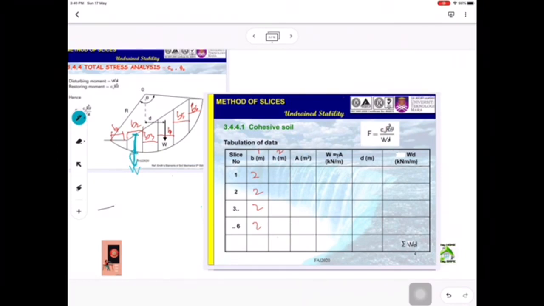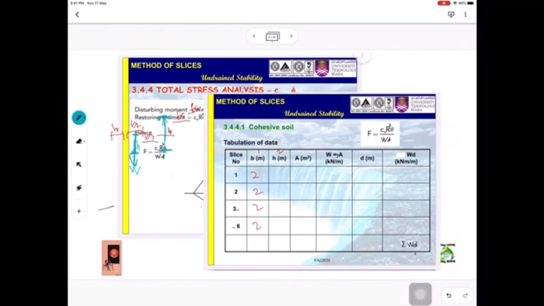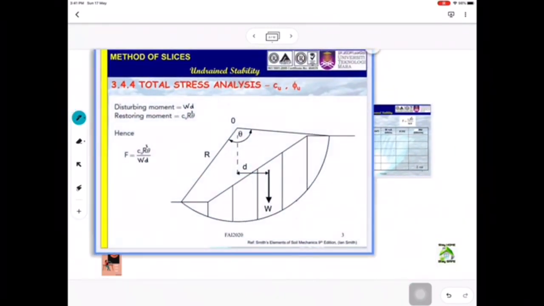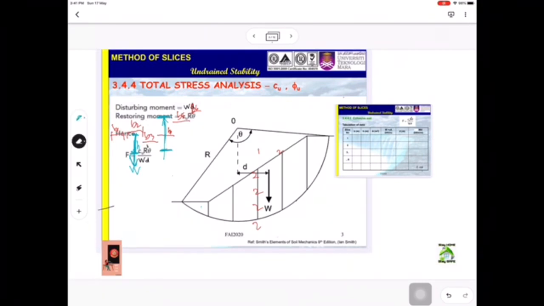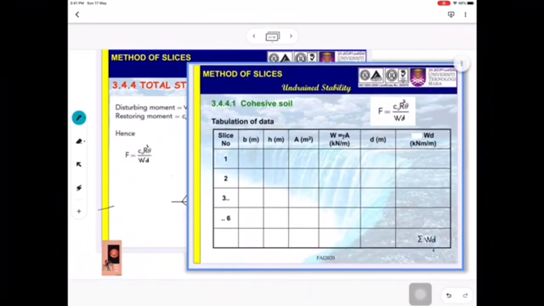So this is H, this is H. So W at the center, so this is H4. Okay, this is H2, H1, H3, H4, H5, H6.